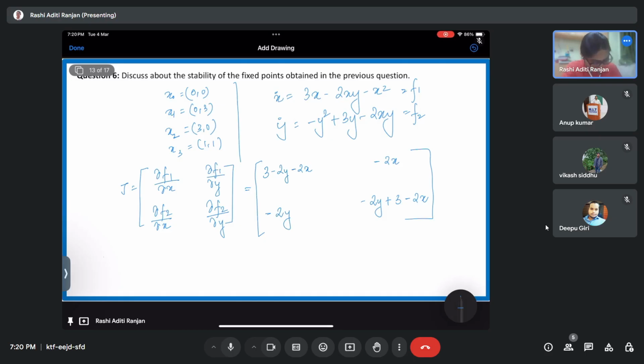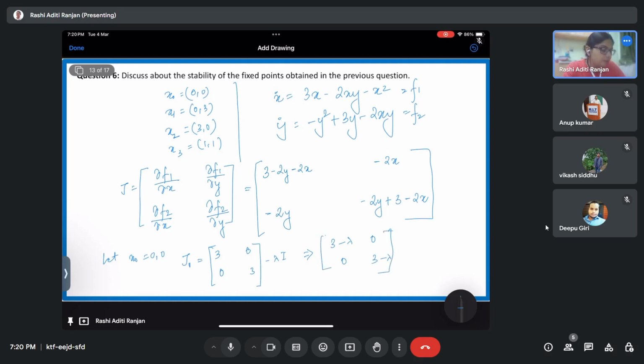So let x naught equal (0, 0). Then I'll have the Jacobian as 3, 0, 0, 3. If I do lambda I minus, I'm going to have 3 minus lambda, 0, 0, 3 minus lambda.